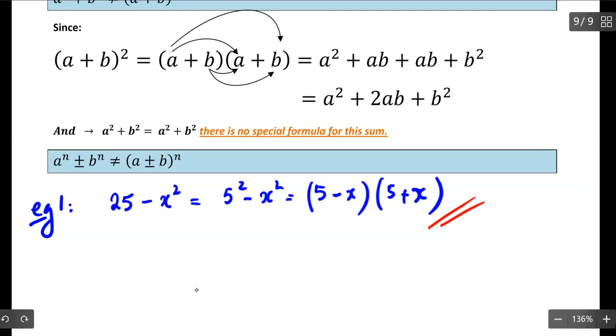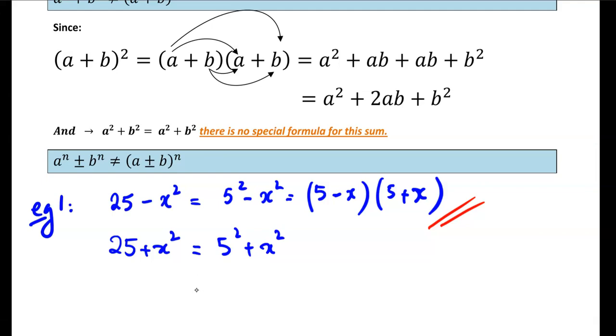But then what happens if I have 25 plus x squared? Can I factor this? I can write 5 squared plus x squared, and that's it. I showed you that line and that's it. You cannot factor it any further.